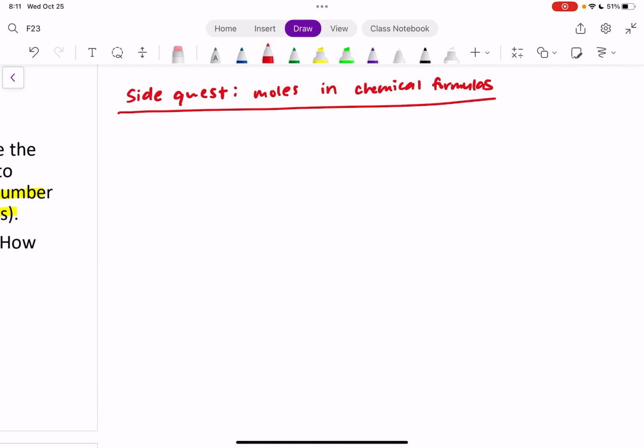Okay, so for instance, say we have H2O, we're looking at that molecule. What I'm going to describe here is very weird at first, but you'll get used to it. So just hang in there with me.